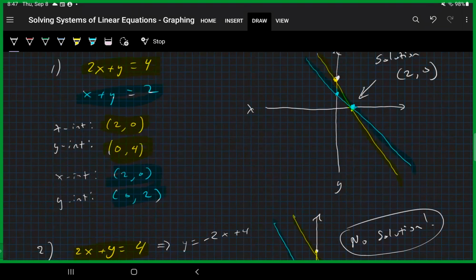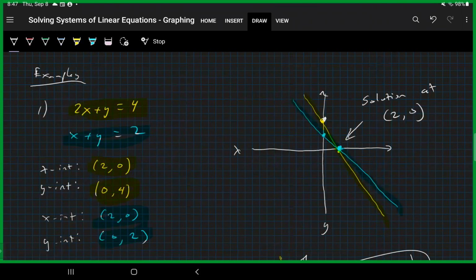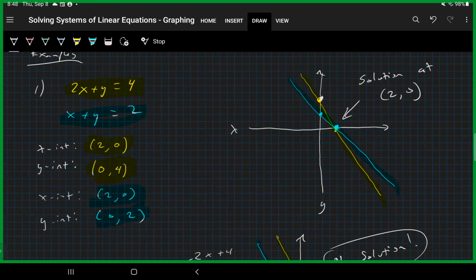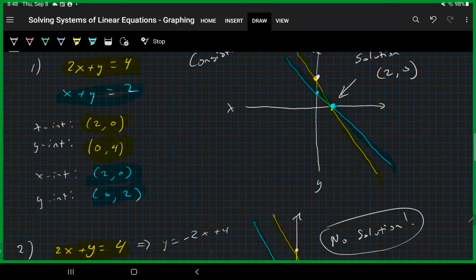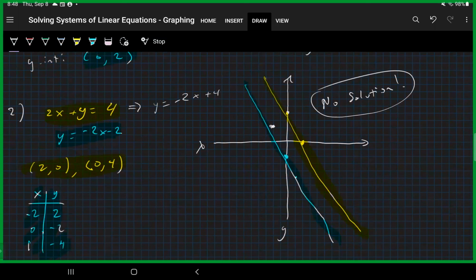Now, there's some language that you're going to see popping up from time to time in literature. We don't see it too much outside of pre-calculus, but if a system has a solution, we call that consistent. Right, so there's a solution, so we call that consistent. If they're parallel, we say that's inconsistent.